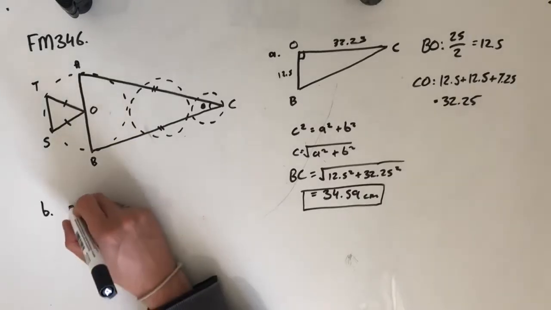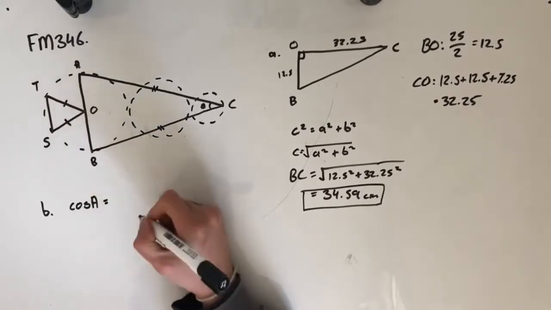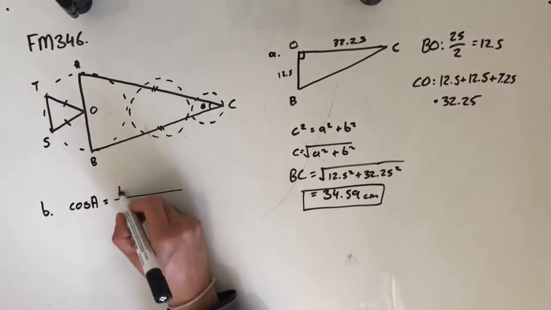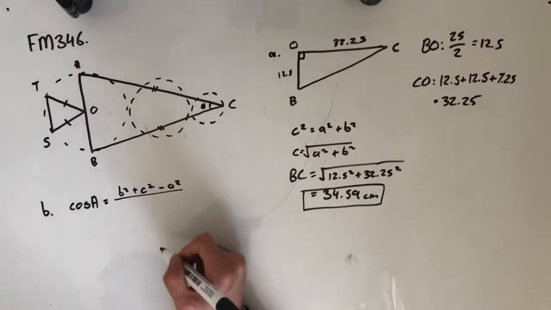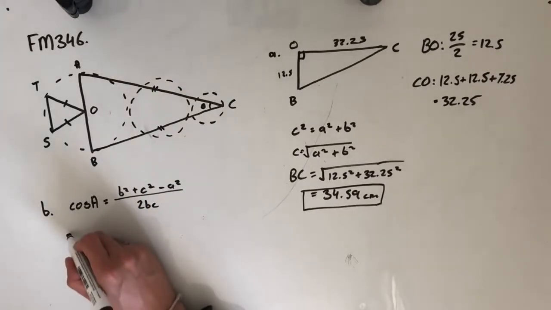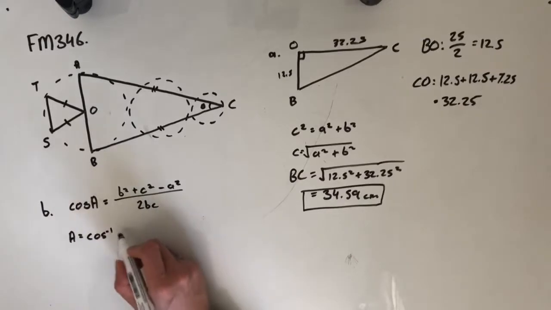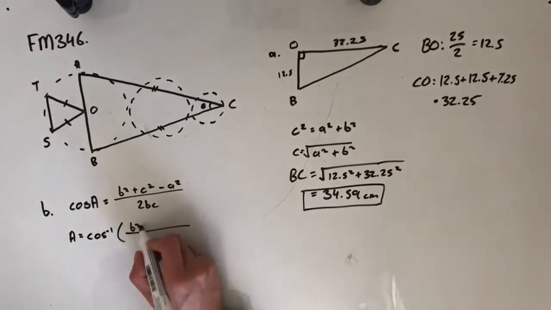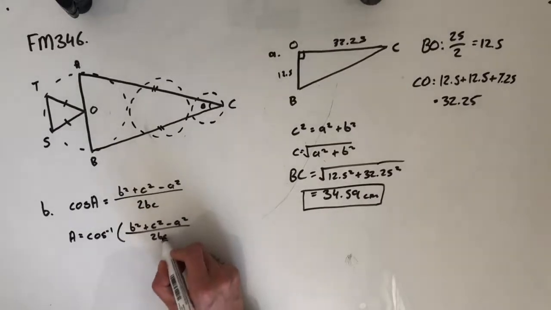So the cosine rule that we're starting with is going to be cos of A, because we're finding an angle, is equal to b squared plus c squared minus a squared, all over 2bc. So a quick rearrangement to make this a little bit easier to follow. We should get A is equal to cos to the power of -1 of b squared plus c squared minus a squared all over 2bc.